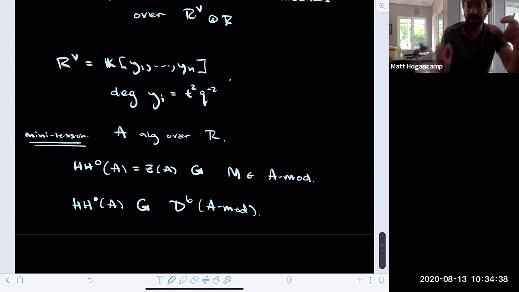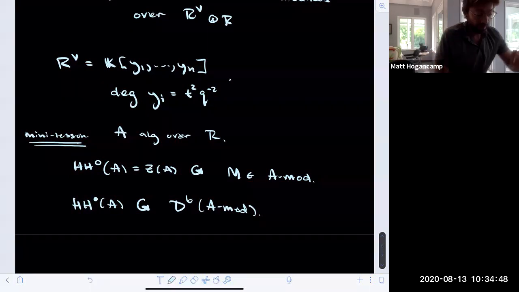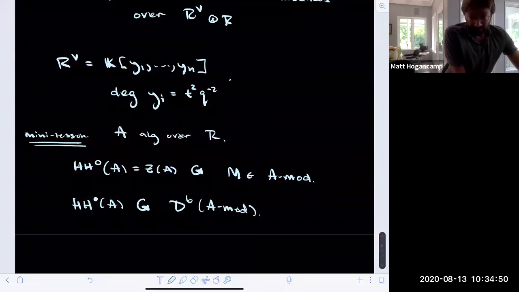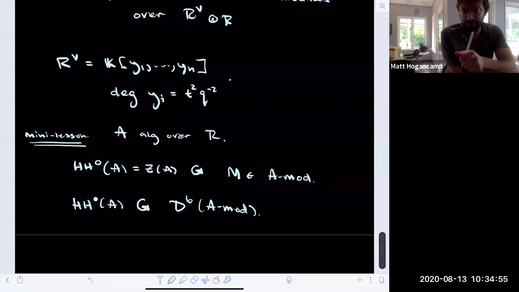Coefficients of those matrices are elements of A. And you just pair your class in Hochschild cohomology against the entries of the matrix to get your endomorphism. So by taking a derivation of the differential, you get an endomorphism of a complex.